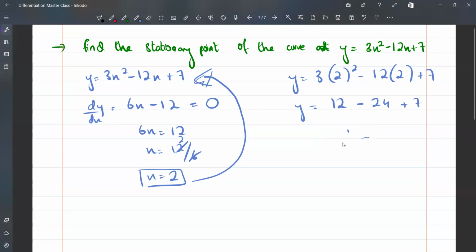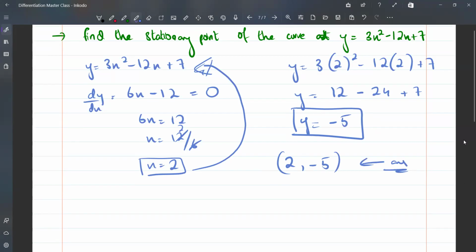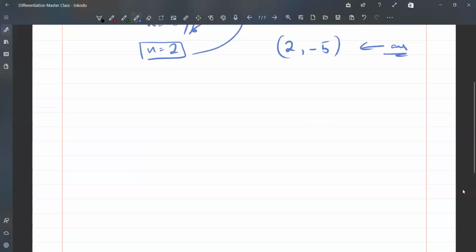Sorry for that. Y is minus 5. So we have the stationary point 2 comma minus 5. This is the answer.